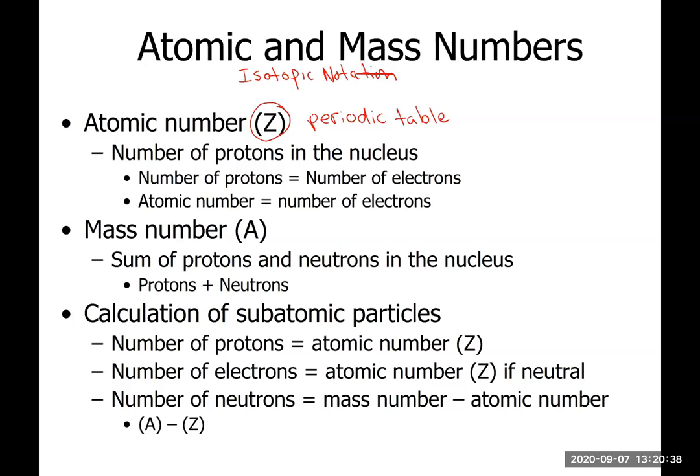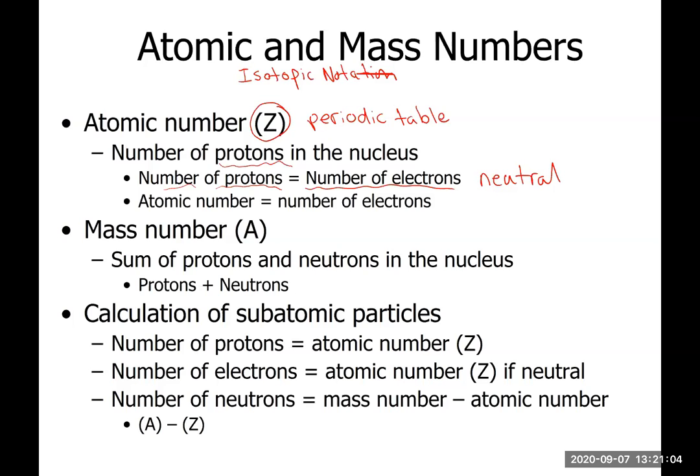So from the periodic table, we get the atomic number, and that gives us the number of protons in the nucleus. It also gives us the number of electrons, because in a neutral atom, the number of protons is equal to the number of electrons. And every atom that's depicted on the periodic table is neutral.